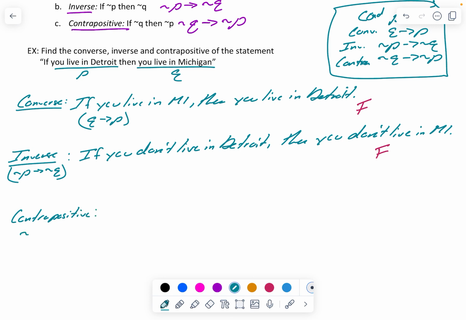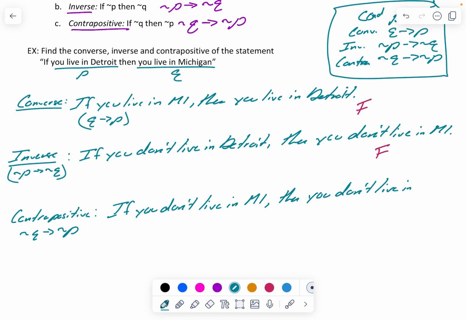Remember, the contrapositive is not Q implies not P. So if you don't live in Michigan, then you don't live in Detroit. What do you think about that one? True, right? If you don't live in Michigan, you can't live in Detroit. True.